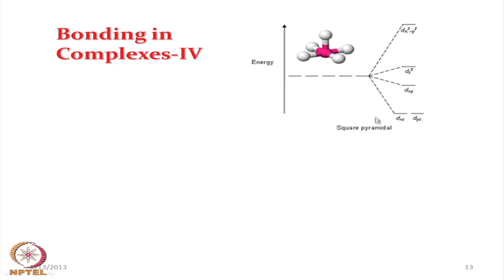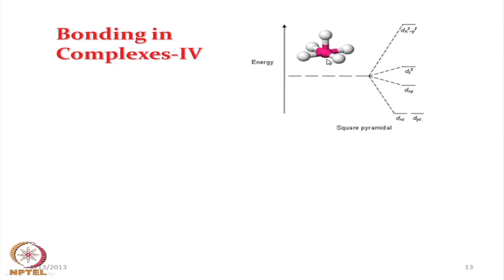Originally in octahedral geometry, dxz, dyz and dxy, these three belong to the T2g set, and dx square minus y square and dz square, these two were in the Eg set. Now, what is happening? We are stabilizing the z axis. Instead of a double z out situation, this is a single z out situation from the octahedral compound.